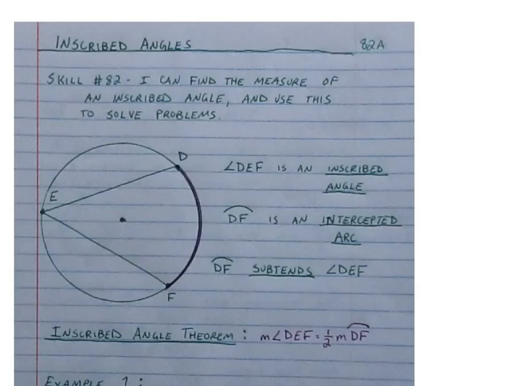of the arc. So if our arc here was 70 degrees, then our angle would be half of that, which would be 35 degrees.